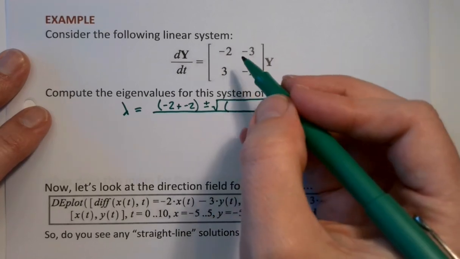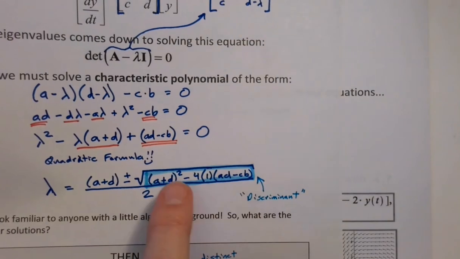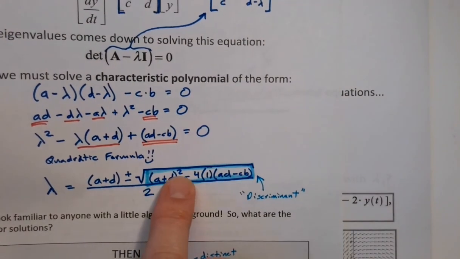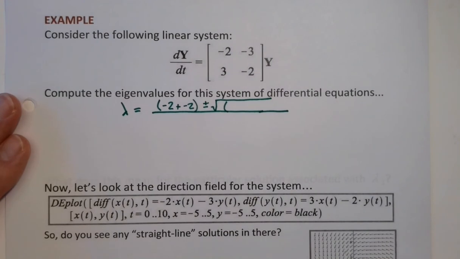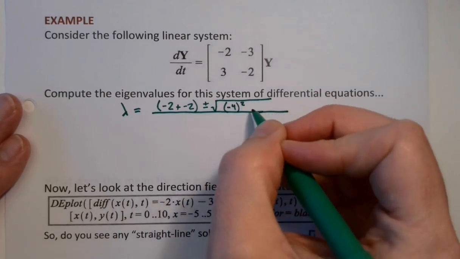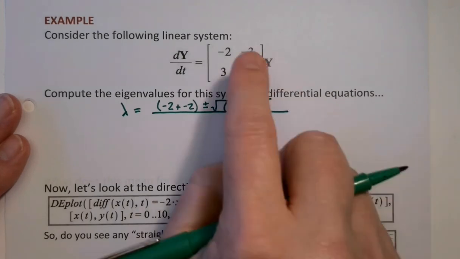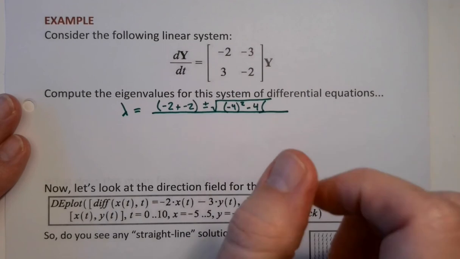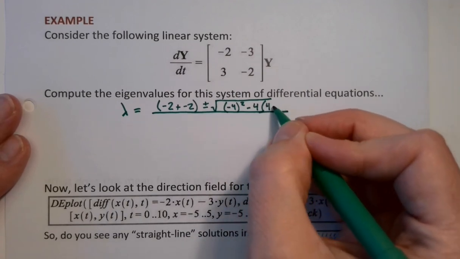let's see, what was it? I can't remember. A plus d squared. Okay, so a plus d squared is going to be -4 squared minus 4 times a d minus b c, I think is what it was. And so that would be, what, 4 plus 9?